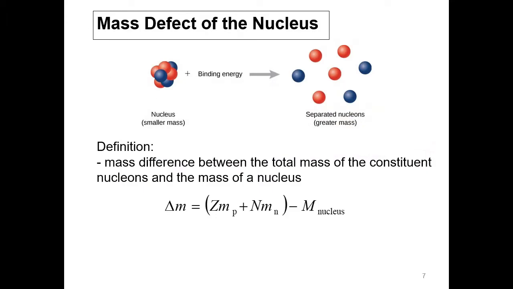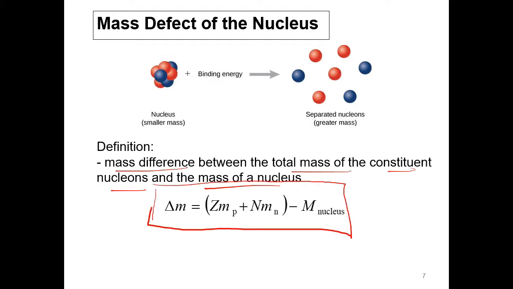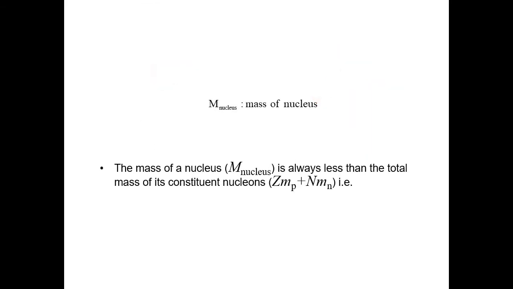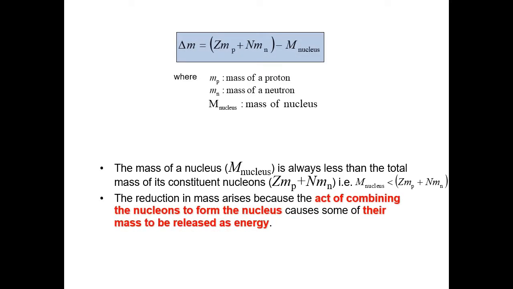Mass defect of the nucleus is defined as the mass difference between the total mass of constituent nucleons and the mass of the nucleus. So the equation that we use is delta M equals ZMP plus NMN minus mass of nucleus. Dear students, you have to be concerned with the equation of mass defect.